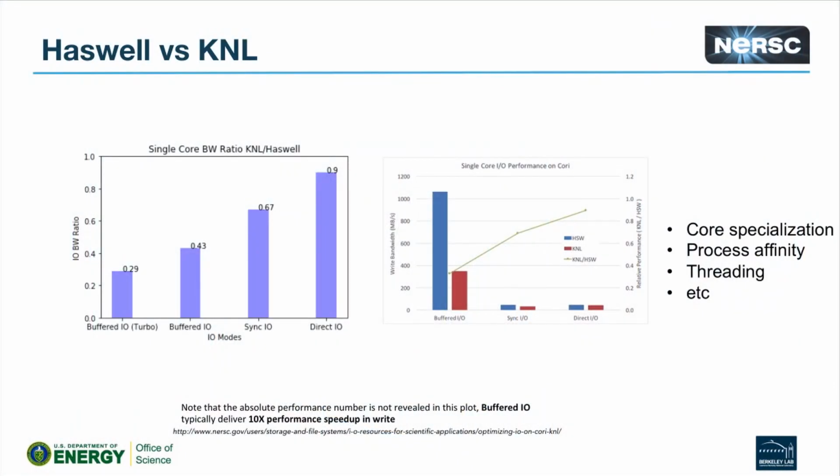That is a mysterious issue. And then we continued the study. Basically, we did a lot of tests on a single core. And we observed that the difference is actually much larger in the default buffered I/O. In default buffered I/O, there is a lot of memory management, buffer, and page cache management involved.